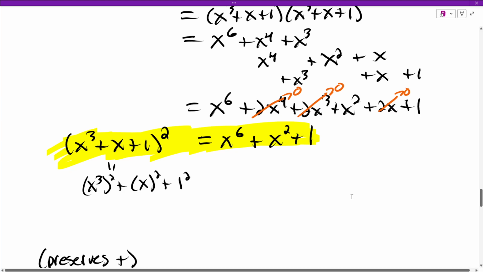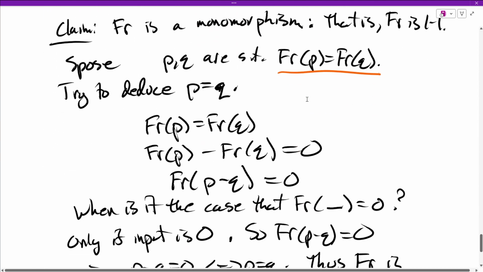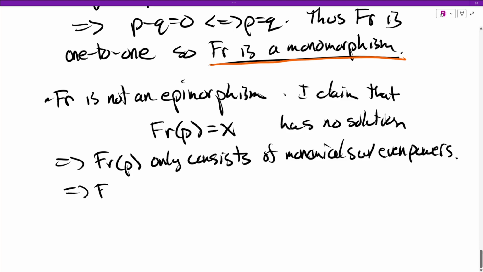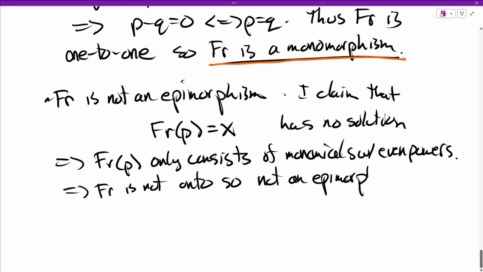So we will only ever output stuff with even powers. So can it be an epimorphism? Can it be onto? No, because you're never going to find something that gets sent to X. So this is not onto, so not an epimorphism. And later we'll describe exactly the range of this.